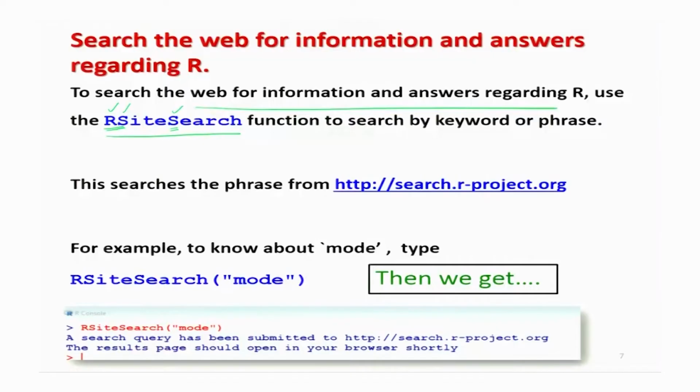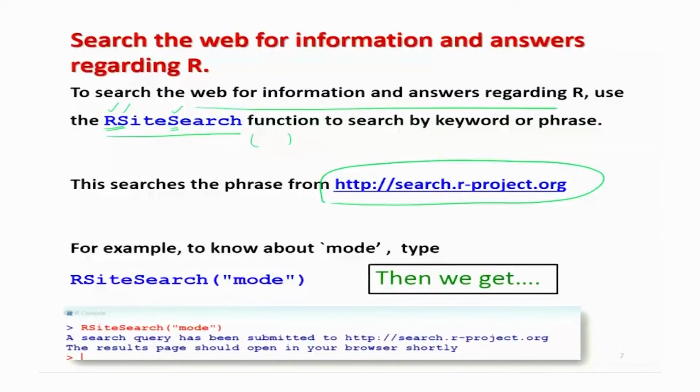Once you write this function, inside the parentheses you write what exactly you want to find, and then if you type this command on the R console, the control will go to the site search.r-project.org, and it will try to search for that word on this website.